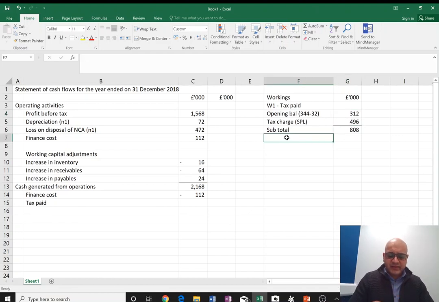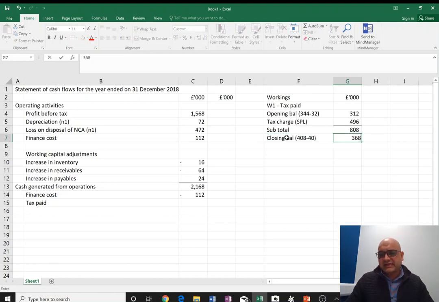Not really, because we have some closing balances. And the closing balance is 408, which is the tax liability, and there was a tax asset of 40, so net off was 368. Okay, so can you see, the subtotal was 808, this is what we should have settled, however we did not, but we did pay some of it.